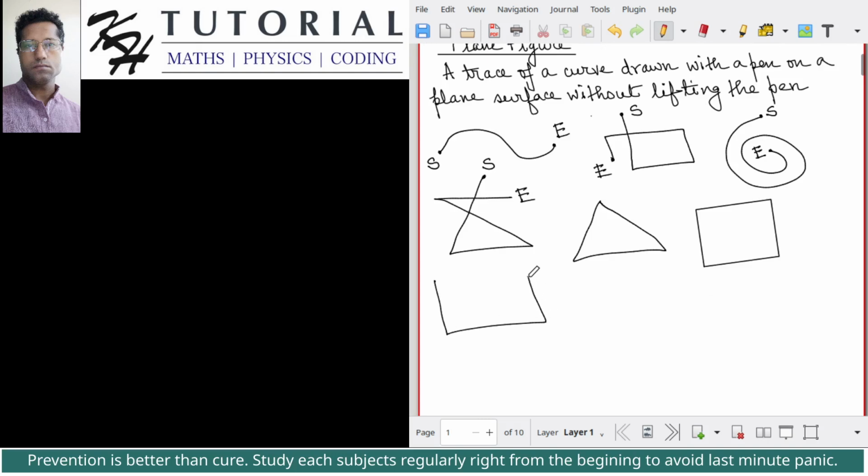So this is also a plane figure. This is also a plane figure. This is also a plane figure.